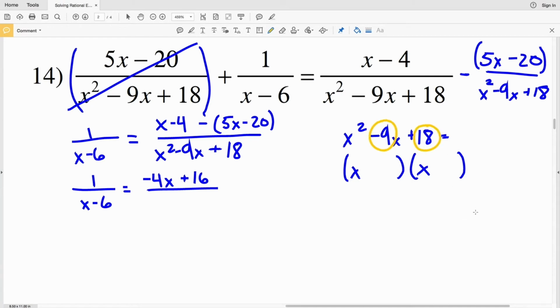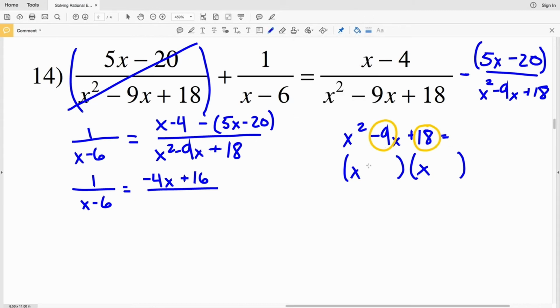So let's think about the factors of 18. We have 2 and 9, but there's no combination that would create a negative 9 out of that. We also have a 3 and 6, which if we take negative 3 and add it to negative 6, we'll get that negative 9, and a negative 3 times a negative 6 is a positive 18.